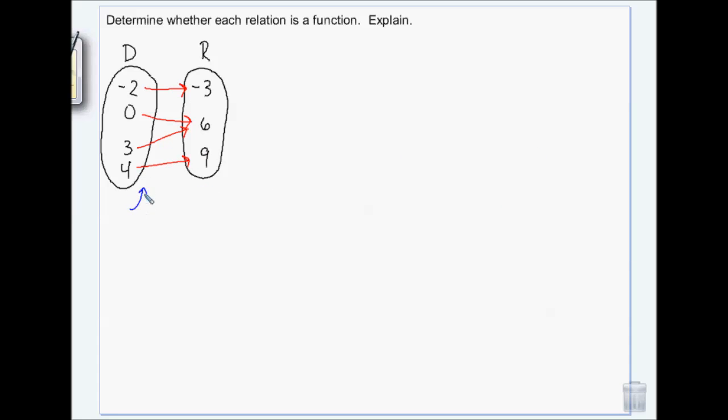I look right here, only on the domain side, and I count the number of arrows. I have 1 arrow, 1, 1, 1.